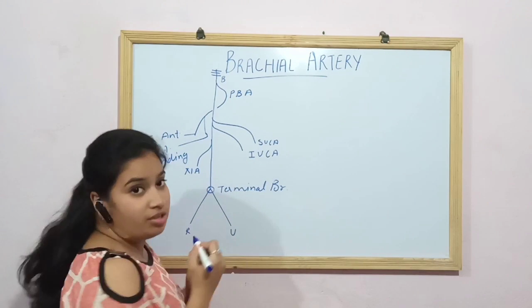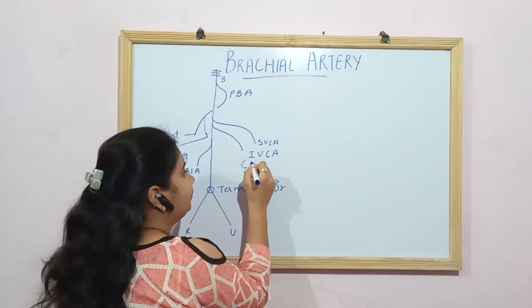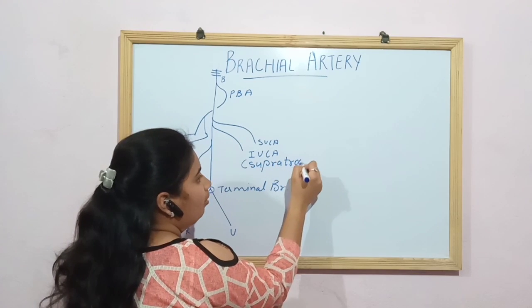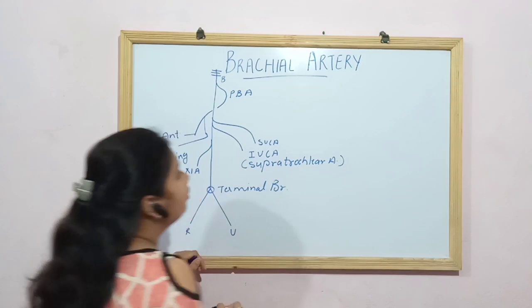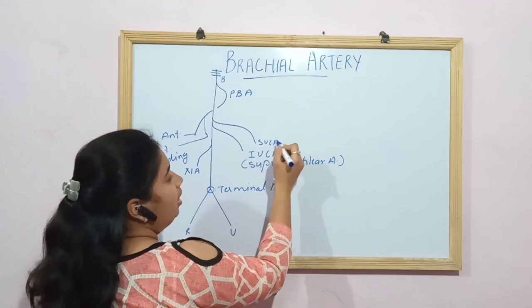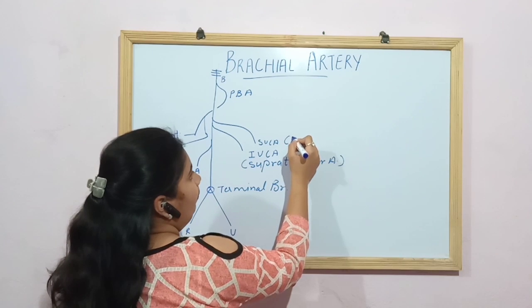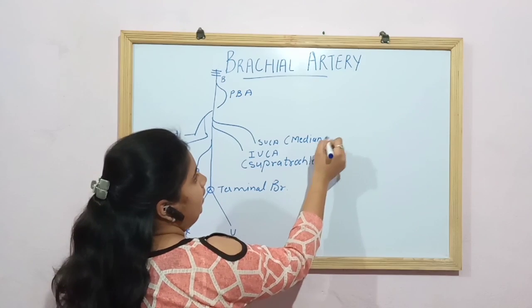Inferior ulnar collateral artery is also called the supratrochlear artery. Superior ulnar collateral artery accompanies the median nerve.